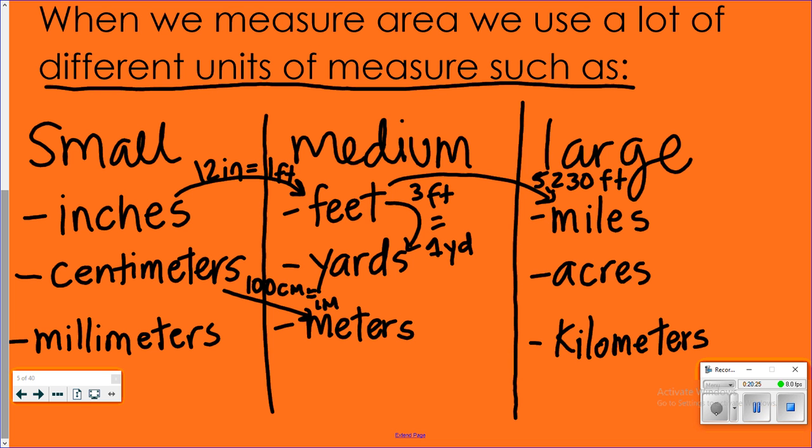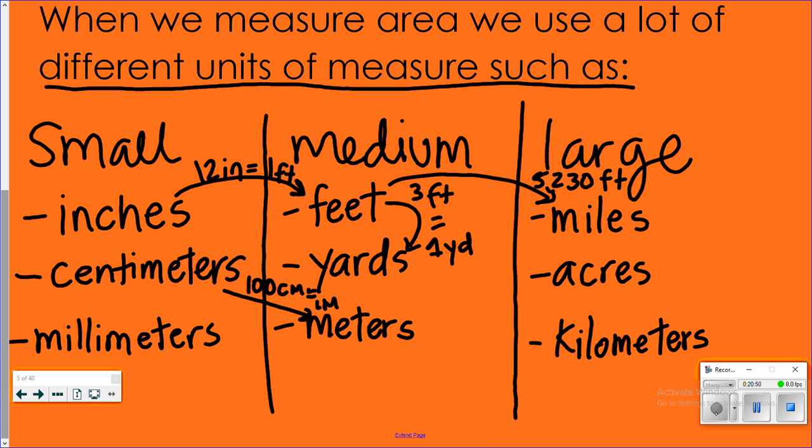Alright, I'm going to pause this so you can get all these notes down. It's important that we use the right unit. It does not make sense for me to be making a skirt and trying to measure it in acres. So we need to be aware of these units so that I'm using the correct one.